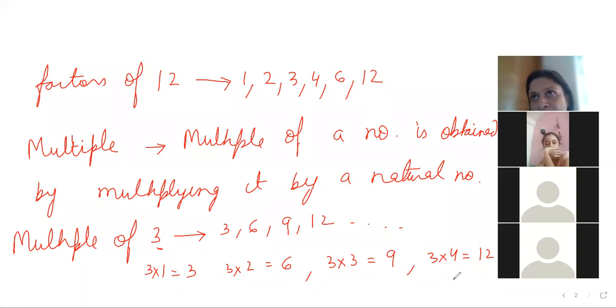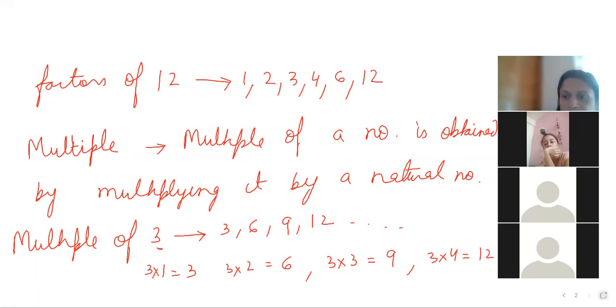So I keep on multiplying it by different natural numbers. So it is like this. Hirday, do you understand? Yes, ma'am.